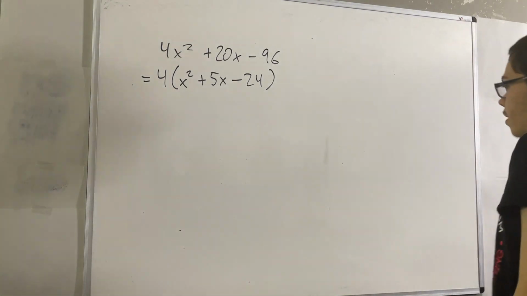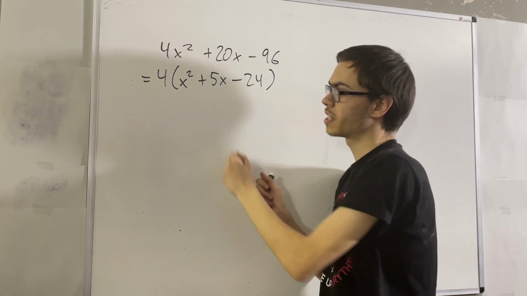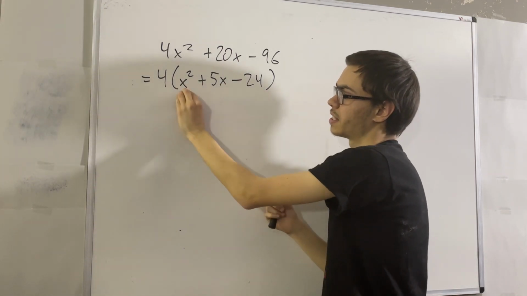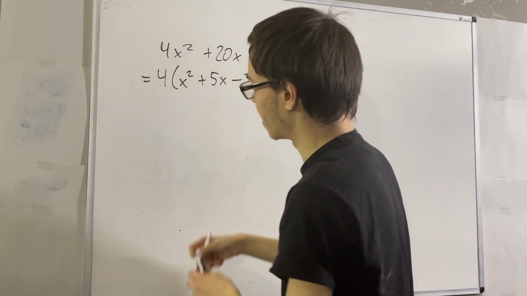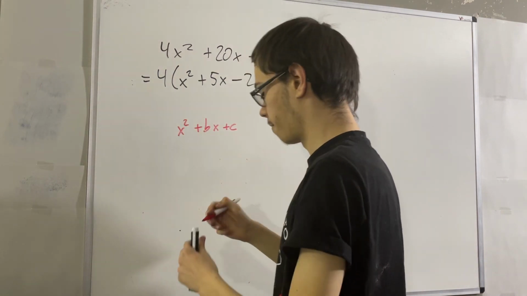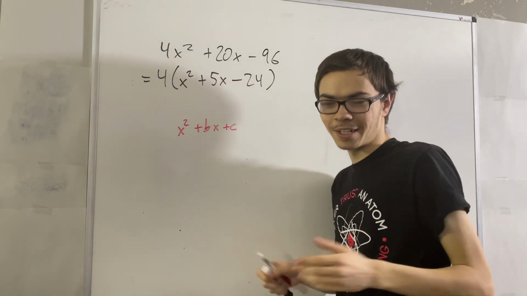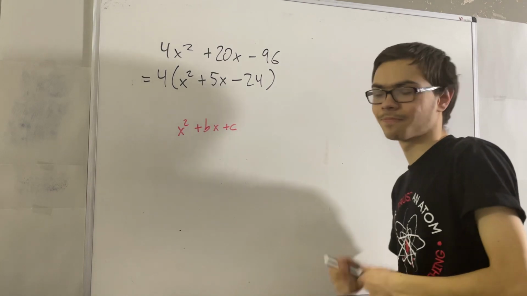Right, so now we've pulled out a greatest common factor, but we have to see if we can go even further. Because notice, inside the parentheses, now we have something in the form of x squared plus bx plus c. We want to see if we can factor this. So it's sort of a 2-step problem.